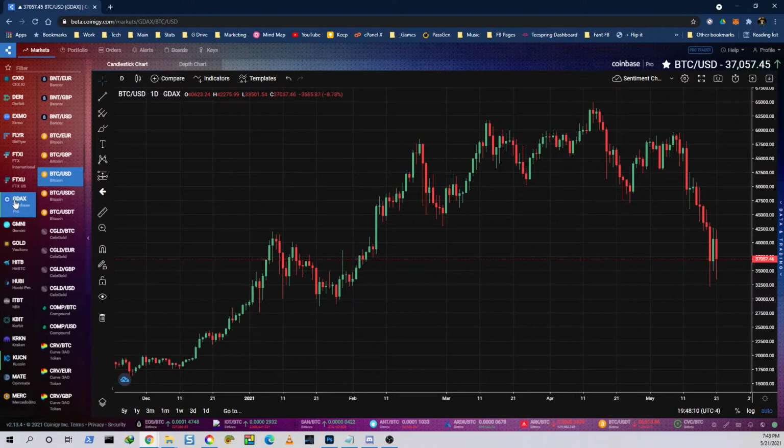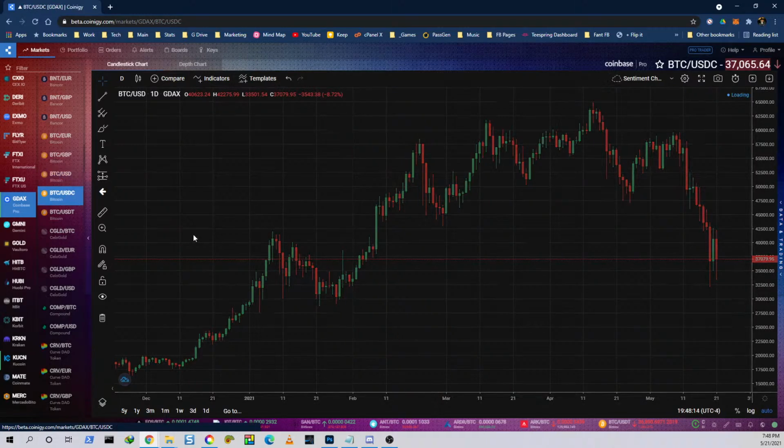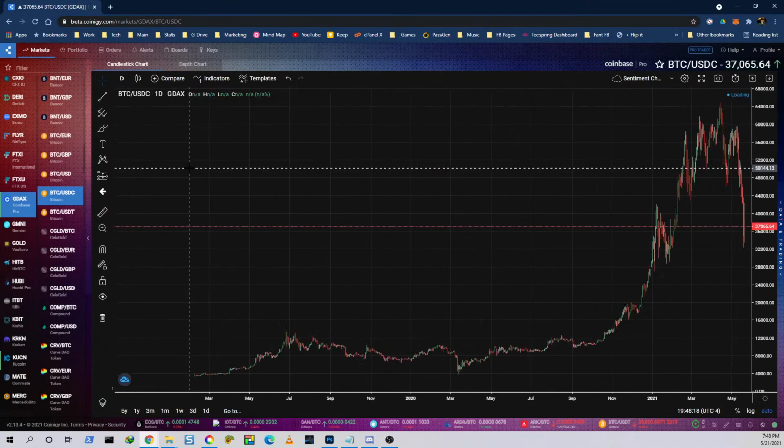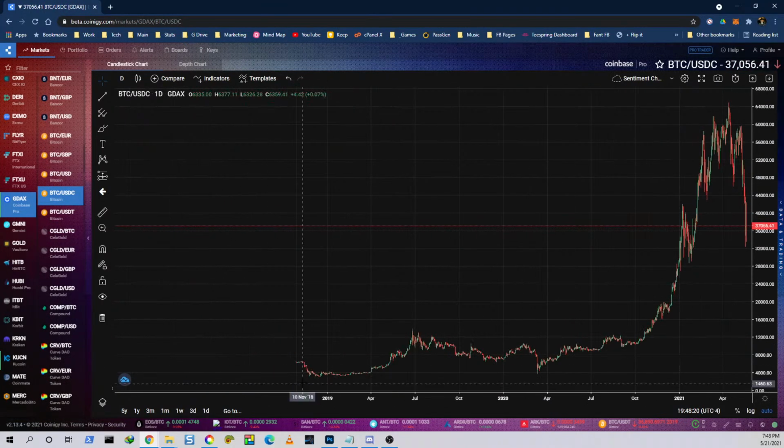The reason why is on Coinbase USDC, if we click on it and then we zoom out, you'll see the dates are in 2018. That's not old enough, right? They didn't have USDC earlier than that. It was USD before that because you were cashing out of your Coinbase account to your pocket. So when you saw people go to USD, they were cashing out of Bitcoin completely and potentially cashing out to get out of the market.